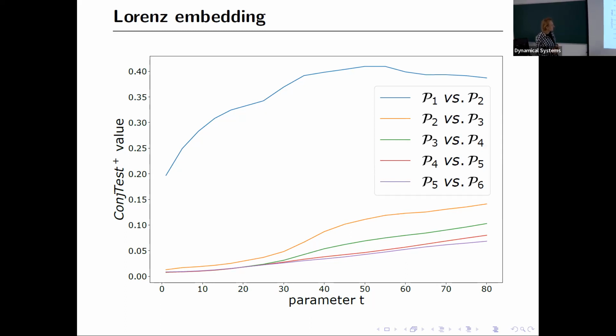So for example, this is a comparison of the embedding of Lorenz in one dimension and in 2 dimensions. The second plot corresponds to a comparison of second dimension with third dimension and so on.